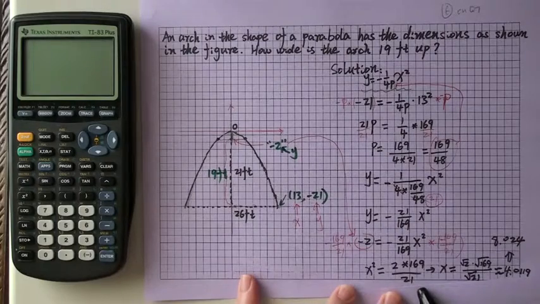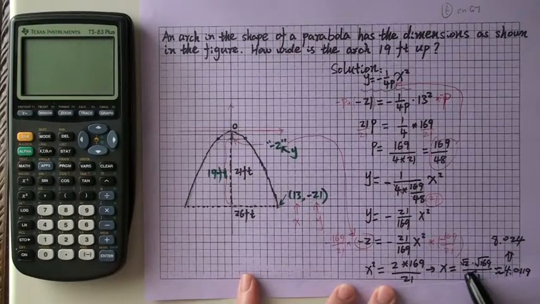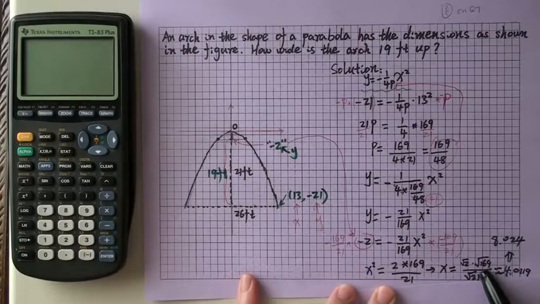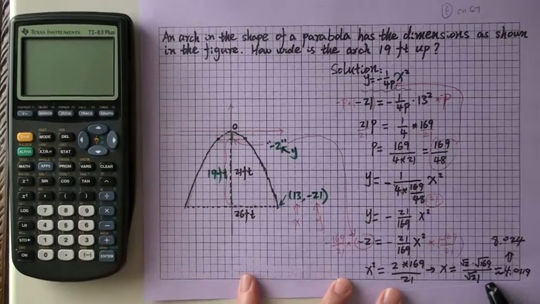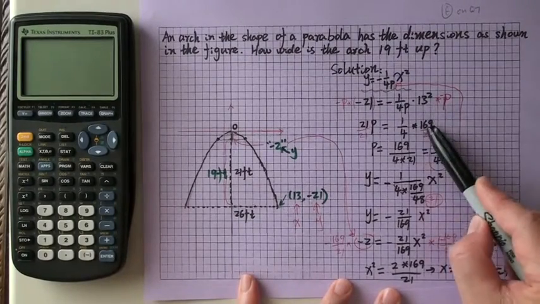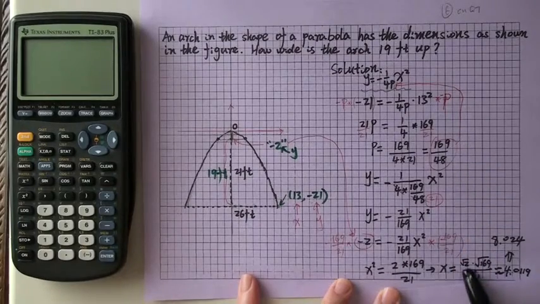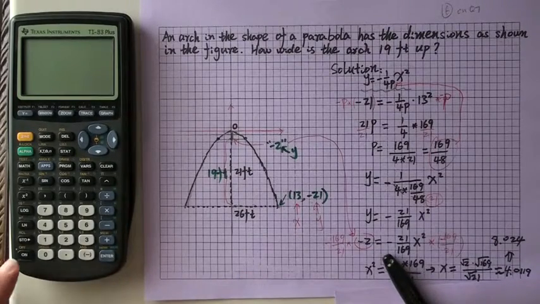And then you take the square root. What do you get? x equals radical 2 times radical 169, and then divided by radical 21. You will use your calculator to find the answer. Remember, the square root of 169 is actually 13. So it's radical 2 times 13 divided by radical 21. I did it already, right here.